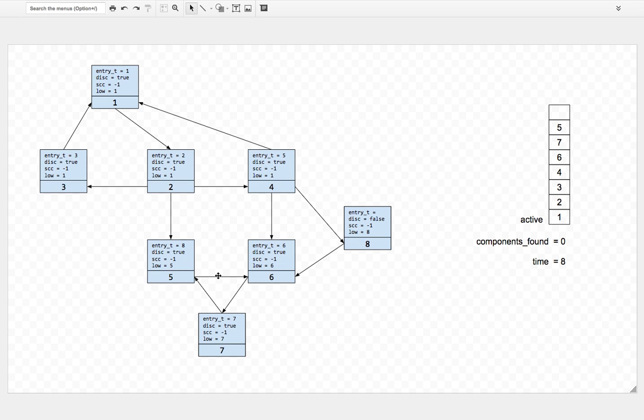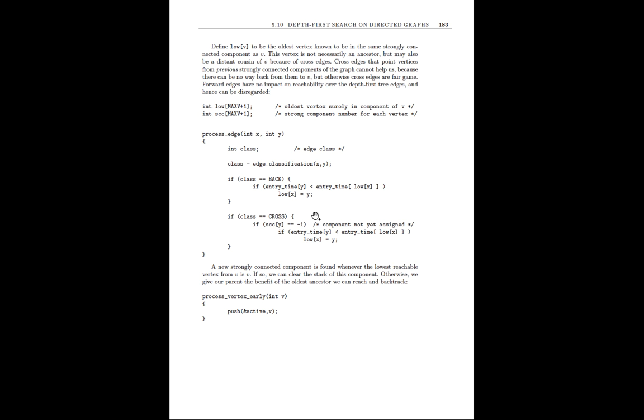And then we go ahead and start processing the edges of vertex 5. And again, there's only one out edge from vertex 5. It points to 6. And 6 has already been discovered. And as a matter of fact, it was a direct ancestor of 5 in the depth first search tree. 6 was the grandparent of vertex 5, right? And so 5 to 6 is a back edge. We process it as a back edge.